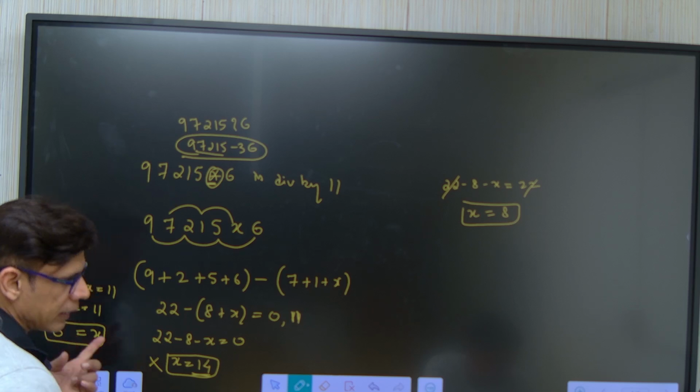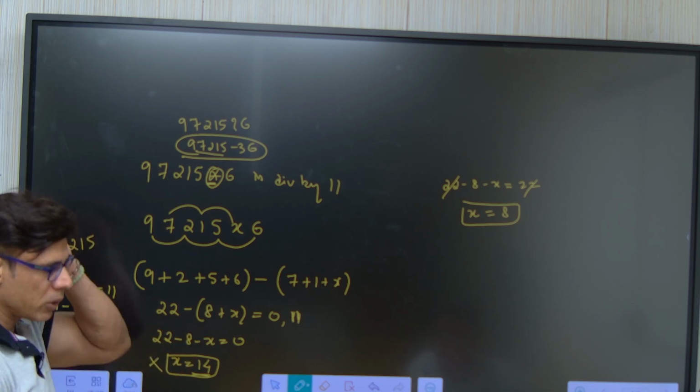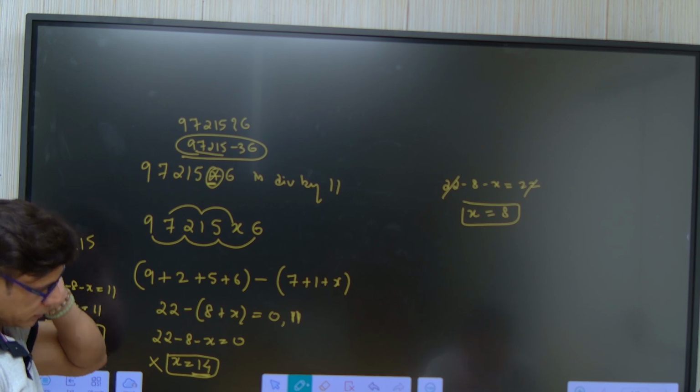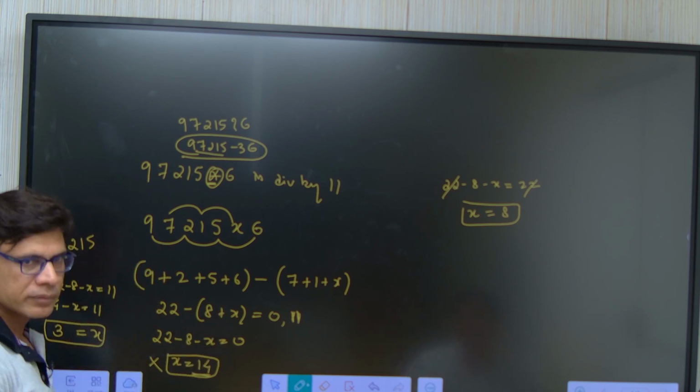So 3 and 8. Out of 3 and 8, which is the smallest number? We have to take 3.